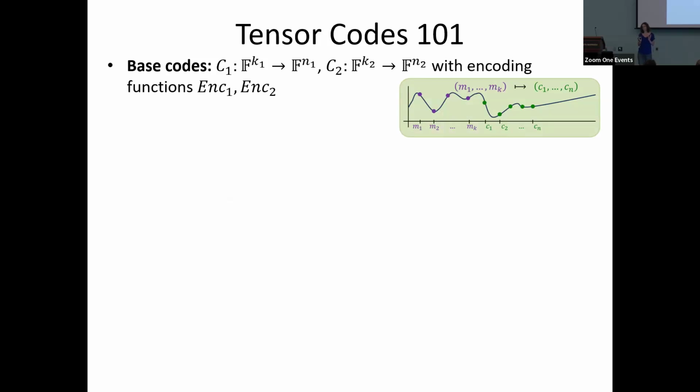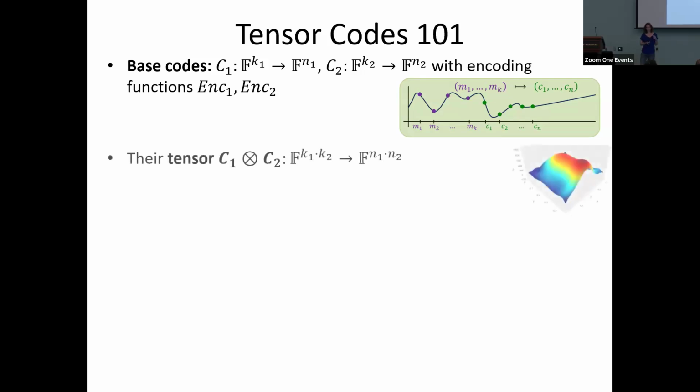Think of polynomial codes, so Reed-Solomon or Shamir sharing, however you feel comfortable thinking about this. You take your message and you encode it, interpolate it into a low-degree polynomial. When you take two low-degree univariate polynomials and you tensor them, what you get is a low-degree bivariate polynomial.